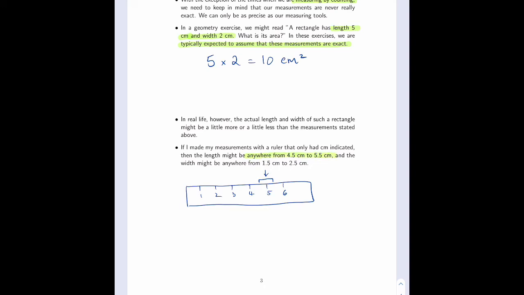And on a ruler that only has centimeters marked, you might reasonably describe that as 5 centimeters. And the same thing with saying that it has a width of 2 centimeters. That could be really anywhere between 1.5 and 2.5 centimeters on this particular ruler.